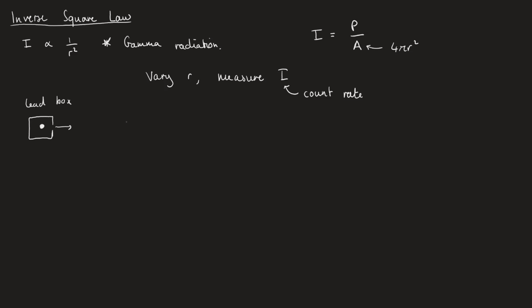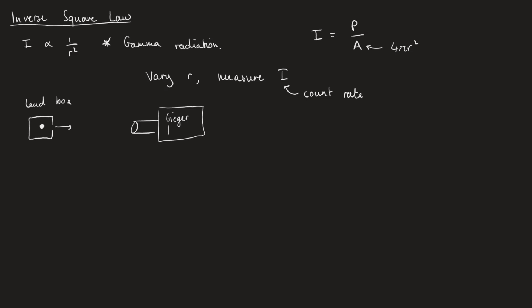And what we need to do then is place some sort of detector at this position in order to detect all of that gamma radiation that's coming out. So we're going to put a Geiger counter, or a Geiger tube, here, and this tube is going to be our detector.